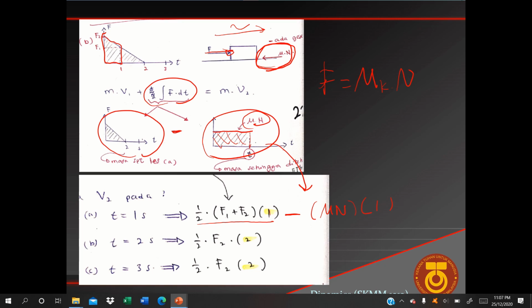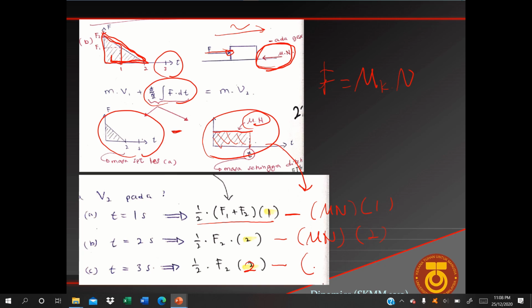If we go to 2 seconds, it is half times F times 2, minus mu N times 2 seconds. And the last one, for 3 seconds: as we have seen before, even though the calculation is up to 3 seconds, the force given is only up to 2 seconds, so you can put here only 2 seconds.